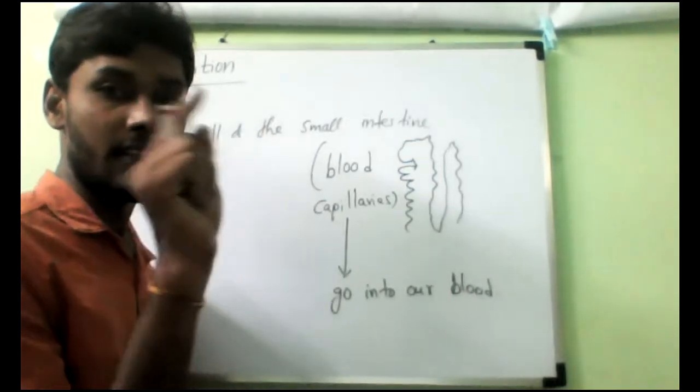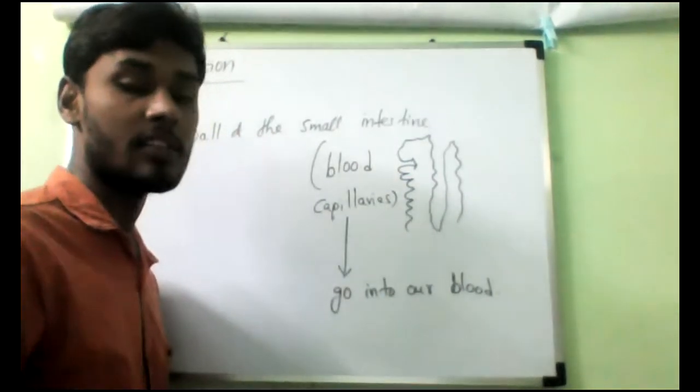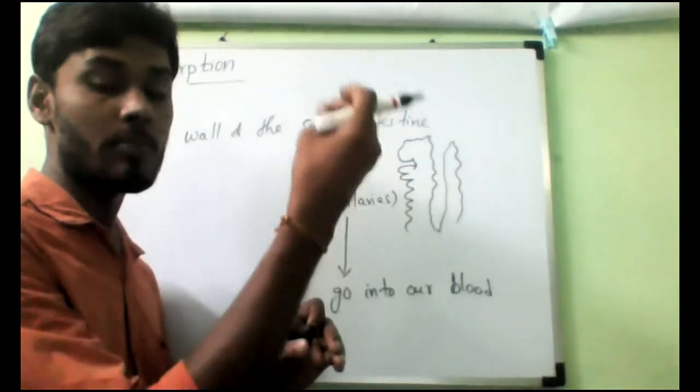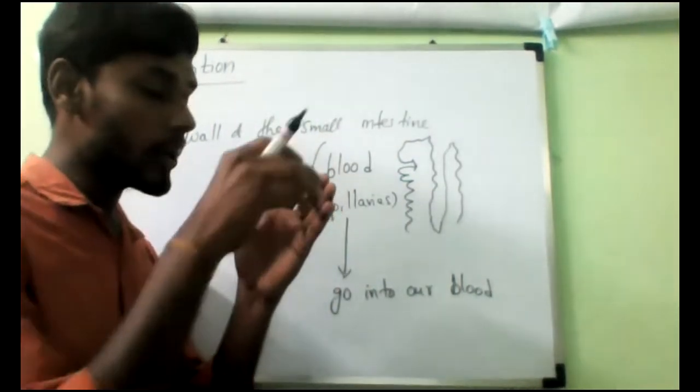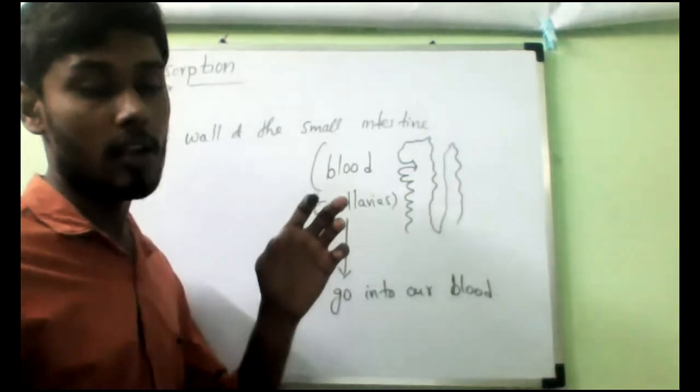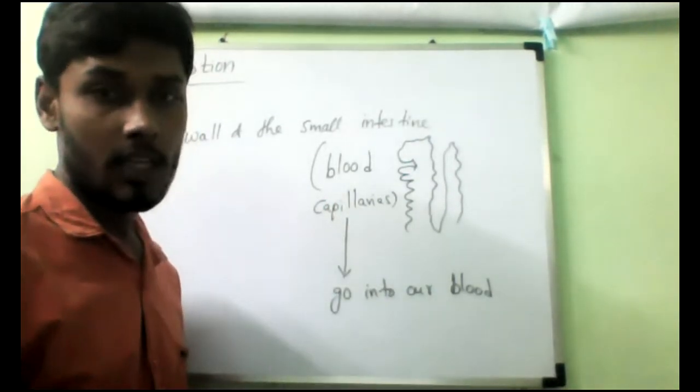Our small intestine walls contain these blood capillaries. The exchange of this food happens in the middle. Who can send this digested food through the blood? That is only called blood capillaries. Understand?